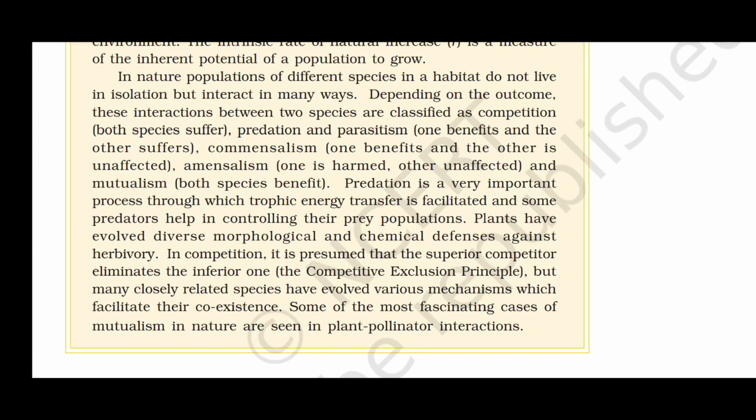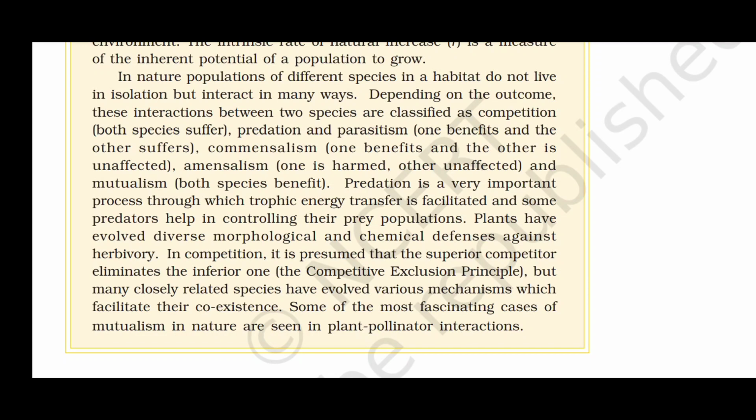Predation is a very important process through which trophic energy transfer is facilitated, and some predators help in controlling their prey population. Plants have evolved diverse morphological and chemical defenses against herbivory. In competition, it is presumed that the superior competitor eliminates the inferior one, the competitive exclusion principle.